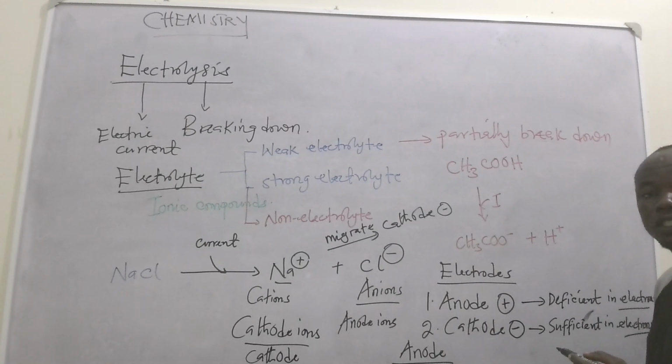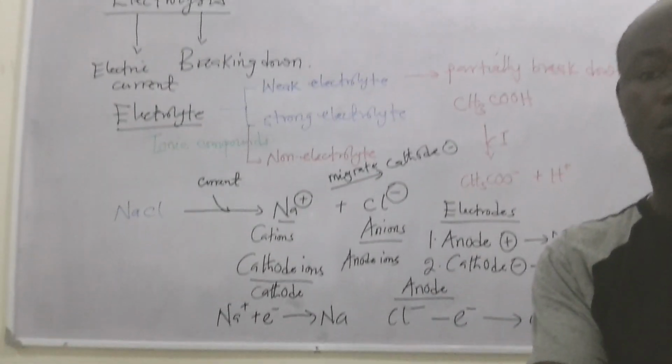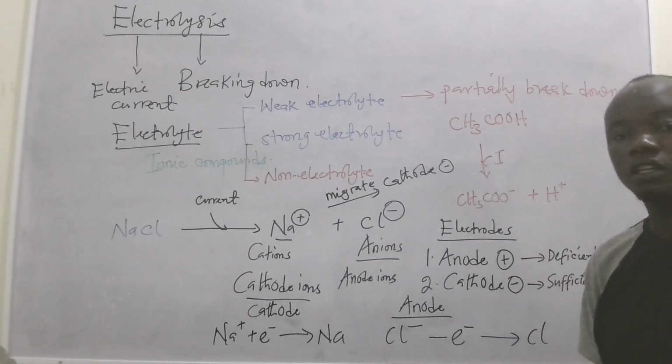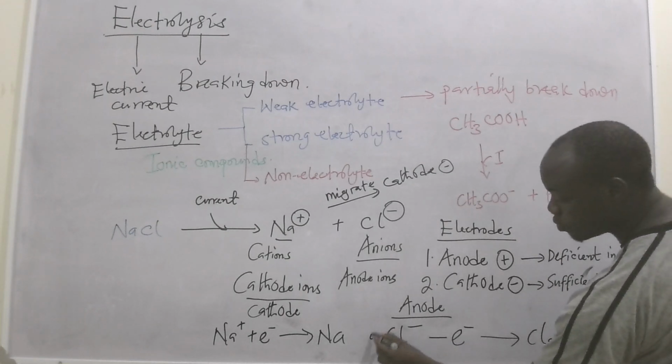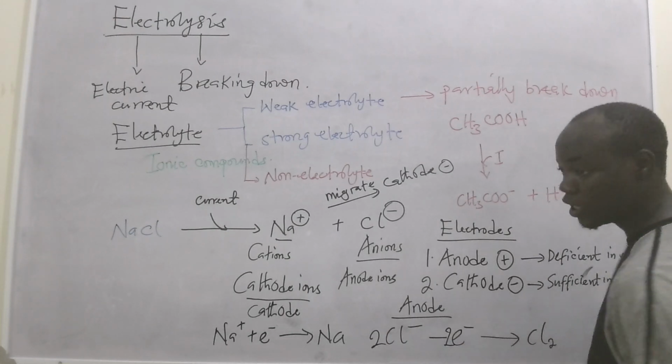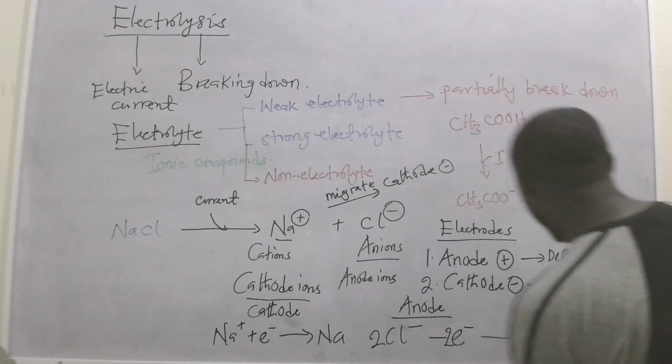Chlorine always comes in the form of a diatomic gas, so it has two electrons here, and we now have chlorine gas.